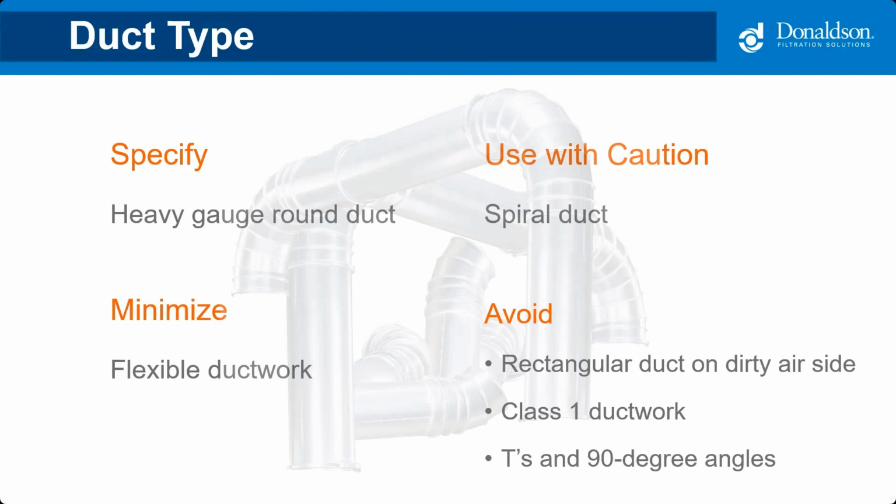I've seen it used effectively if it's heavy enough gauge and smooth on the inside, but definitely something to use with caution. And be aware that flexible duct requires significantly more energy than traditional hard ducting, so we recommend really minimizing the use of flex duct as much as possible. And then lastly, you'll want to avoid T's and 90-degree angles as much as possible.